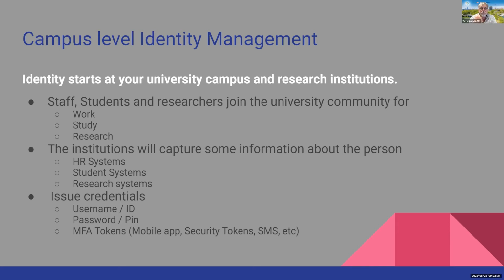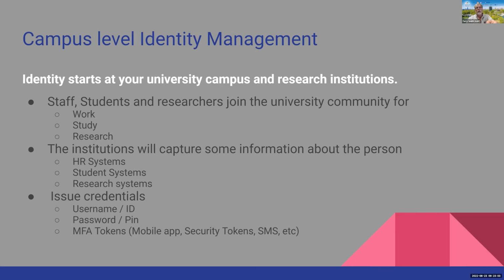And they will also generally issue a user ID or username or an identifier and some password or PIN, and the more advanced universities will start issuing multi-factor tokens that either live on a mobile app. I have about 4 or 5 of them on my mobile phone, or they'll provide some sort of security token. I've got one on my keychain.